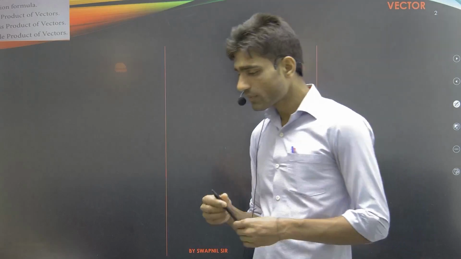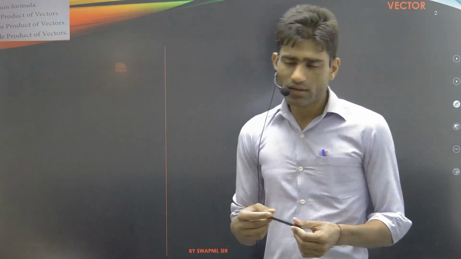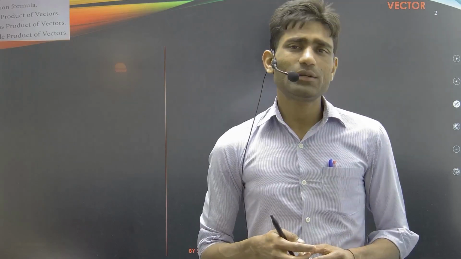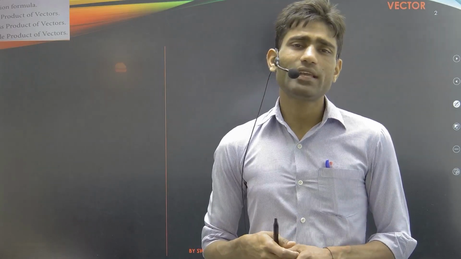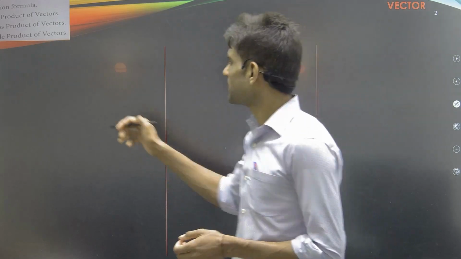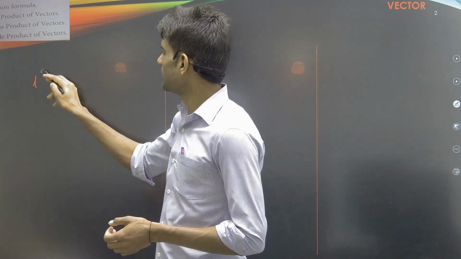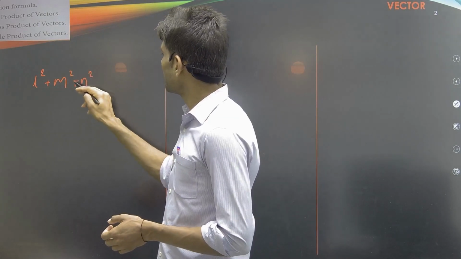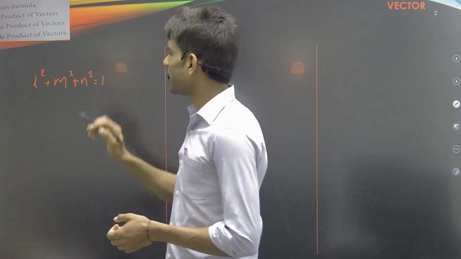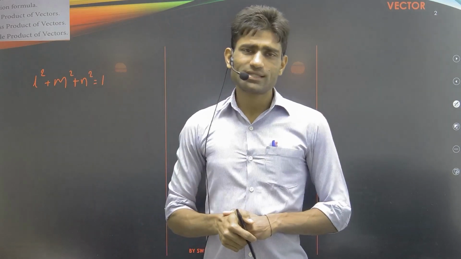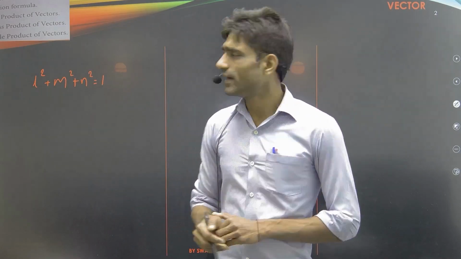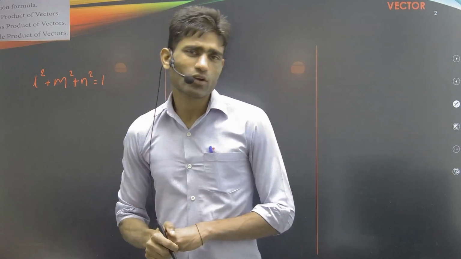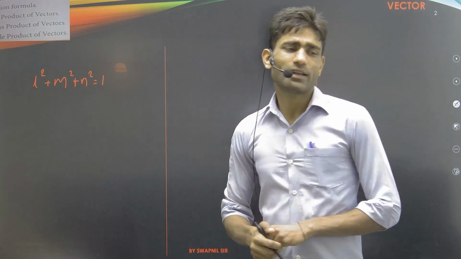Already we learned here direction cosines, direction ratios, the relation between them, and one standard theorem which states that l square plus m square plus n square is equal to 1. Here l, m, n are designated as cos alpha, cos beta, and cos gamma as their trigonometric ratios.